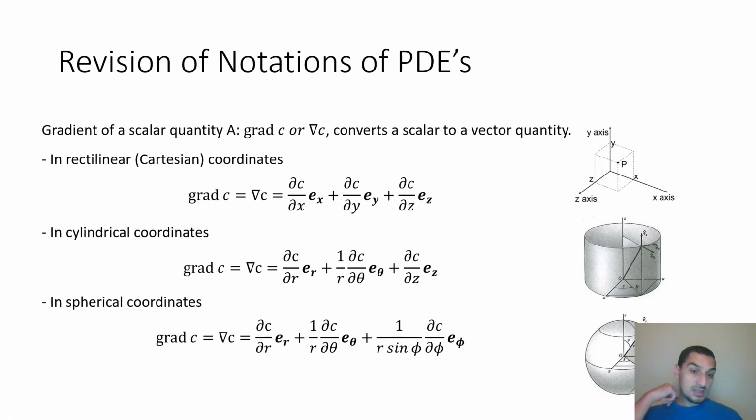However, in some cases, and this is by the way the easiest way of defining a point mathematically speaking, there are some cases where the Cartesian coordinates would not be very helpful, and these are the cases when we deal with mass transfer in pipes, in tubes, in cylindrical containers. So in this case you have another kind of coordinates that will be easier to use, which is the cylindrical coordinates.